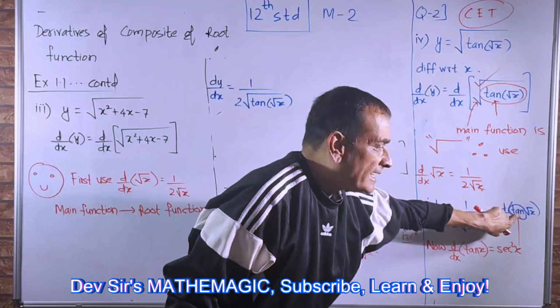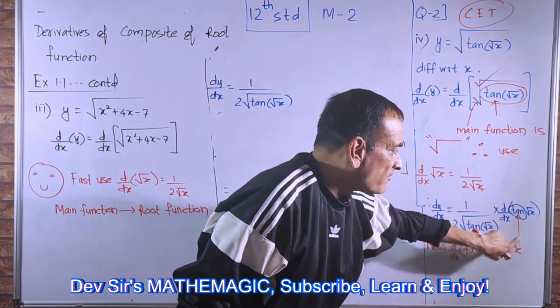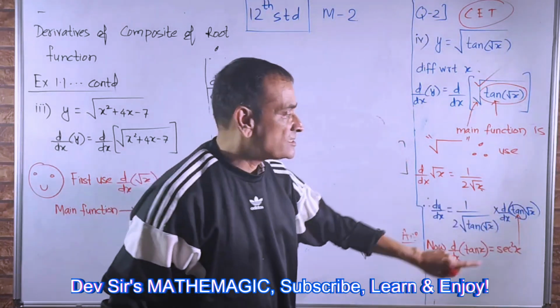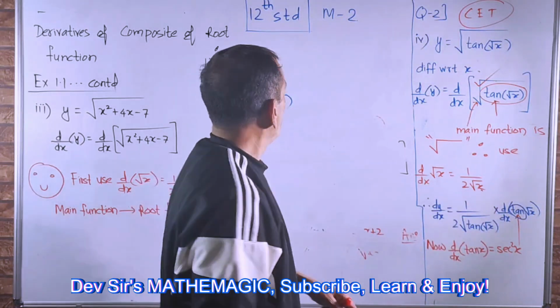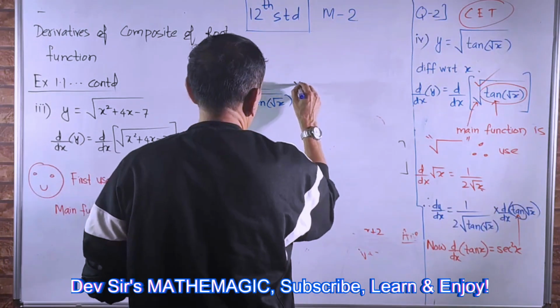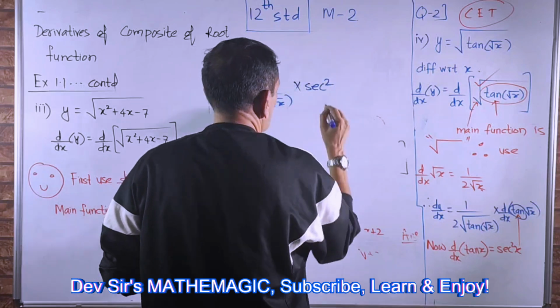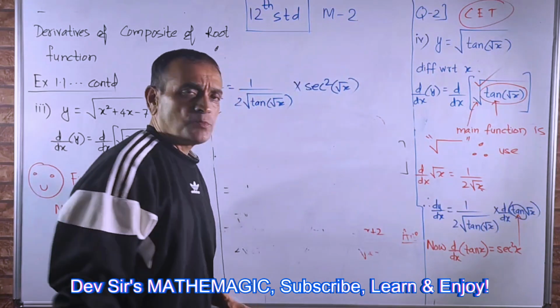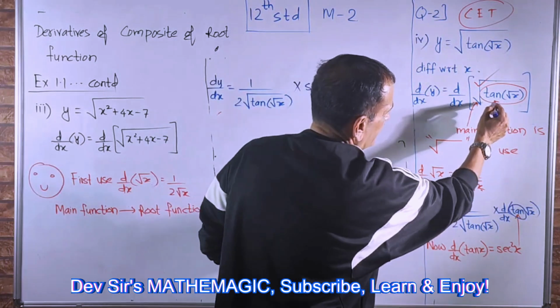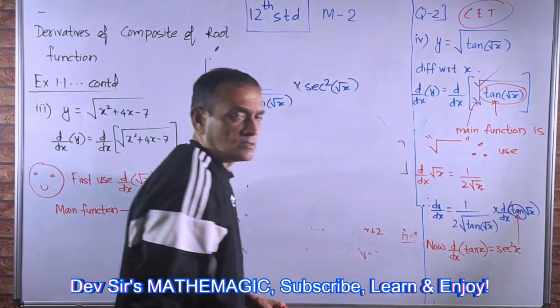So derivative of tan of root x क्या रहेगा? Sec squared root x. Followed, instead of x you have got root x. Basic formula is derivative of tan. So into sec squared. Now root x. समझ में आया? So I am taking the derivative of tan as sec squared root x.